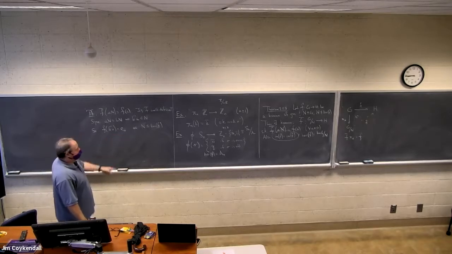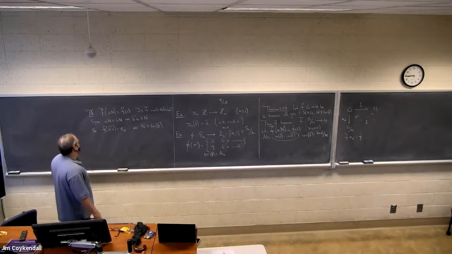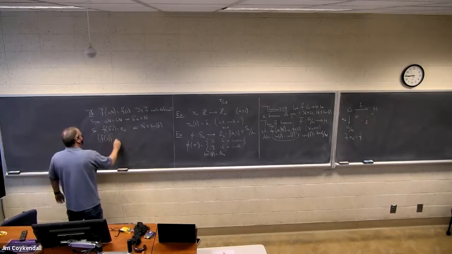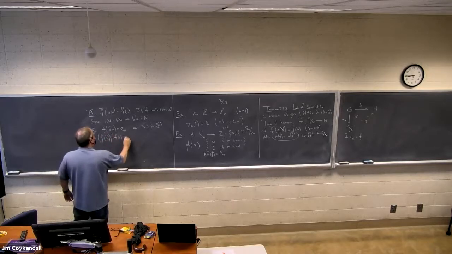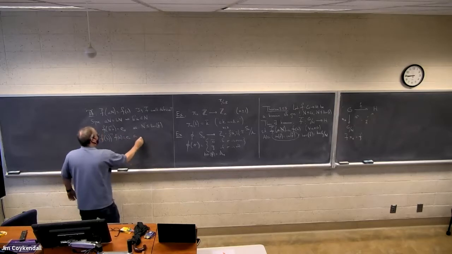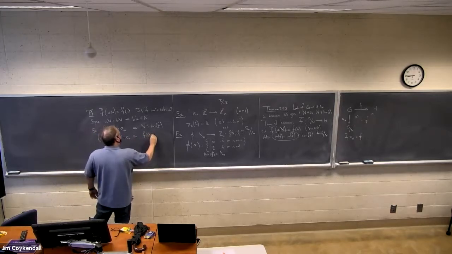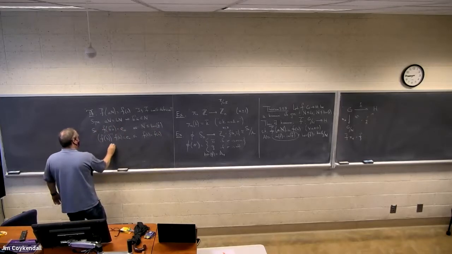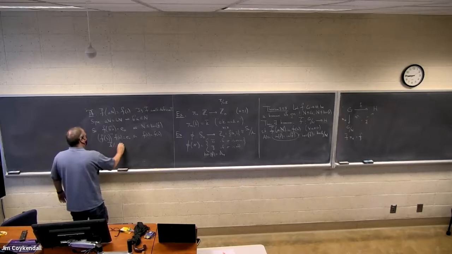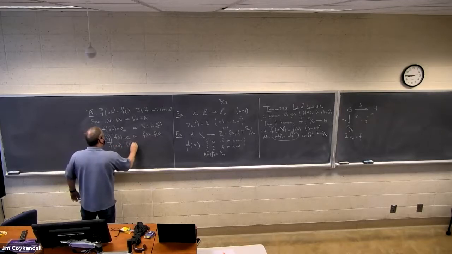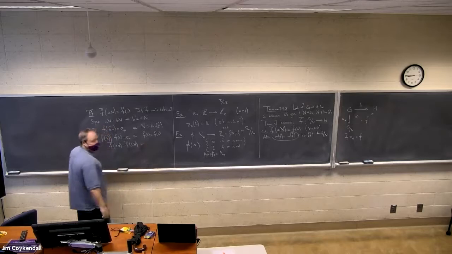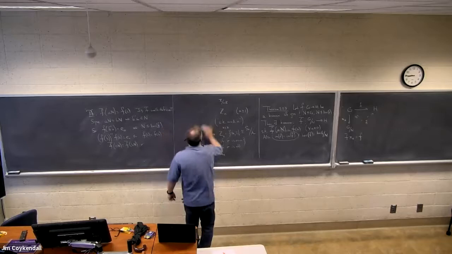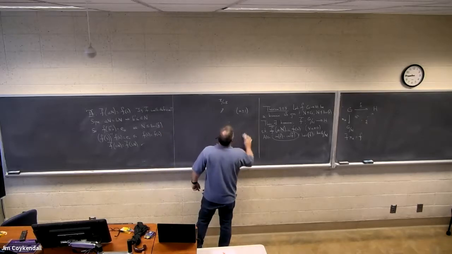As N is a subgroup of the kernel by assumption. Therefore, F of B inverse times F of A is the identity of H. So F of B equals F of A, and by definition, therefore, F bar of AN equals F bar of BN. So, well defined. Right. You pick A for your representative, I pick B, and we get the same answer.